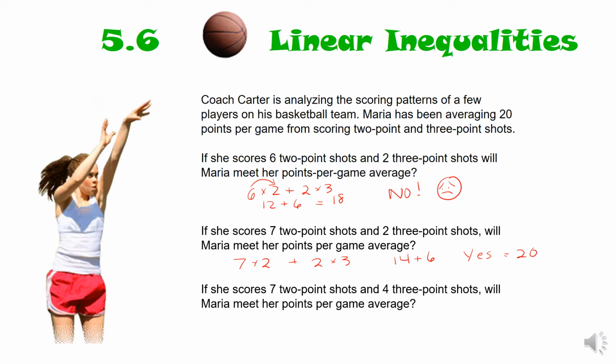If she scores 7 2-point shots, so 7 times 2, and 4 3-point shots, that would be 14 plus 12. The answer is yes again, because she scored 26 points, and that's going to make her coach really happy. She went way over her average.